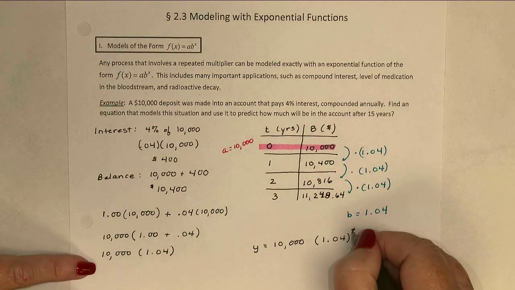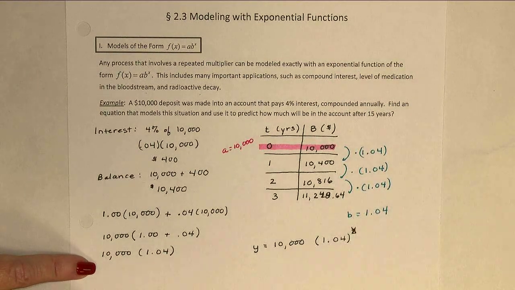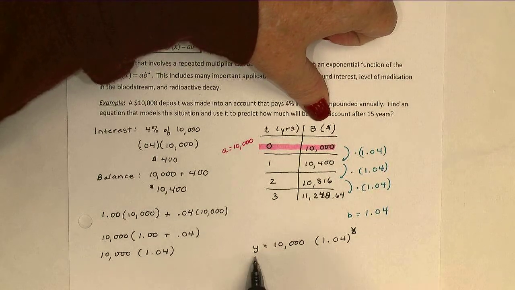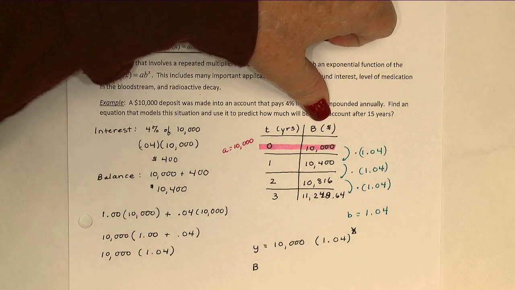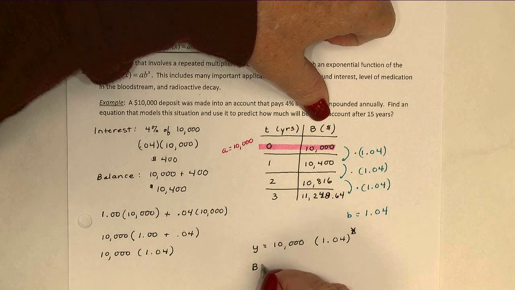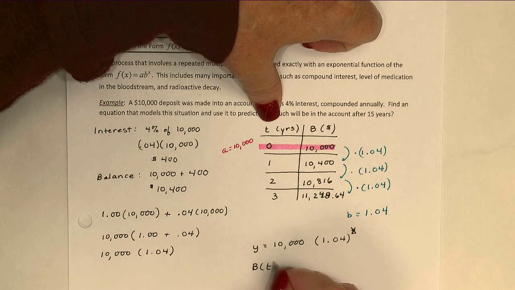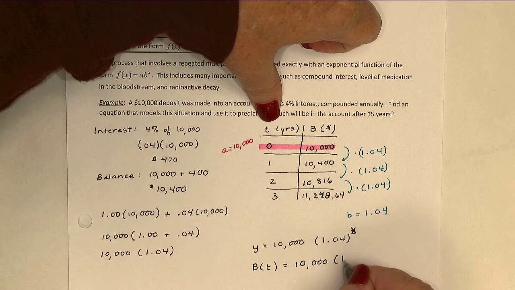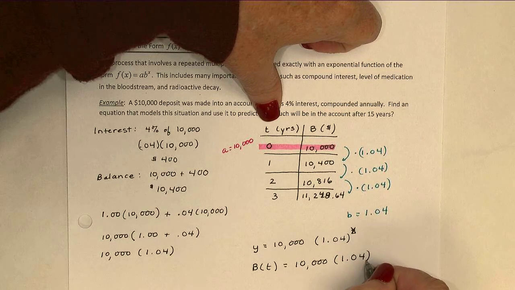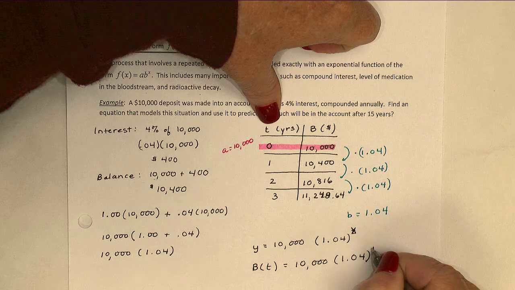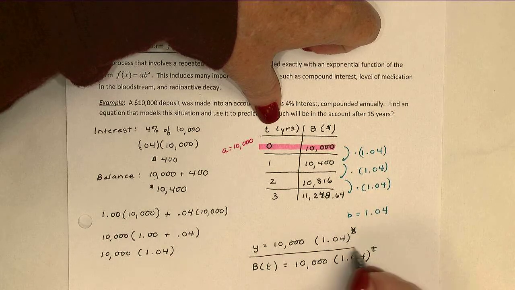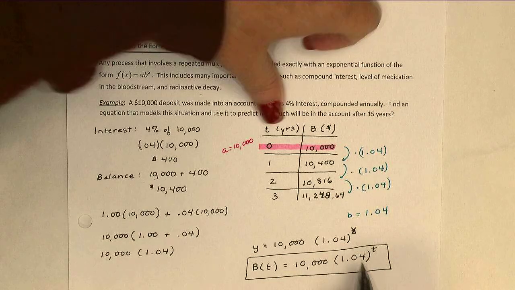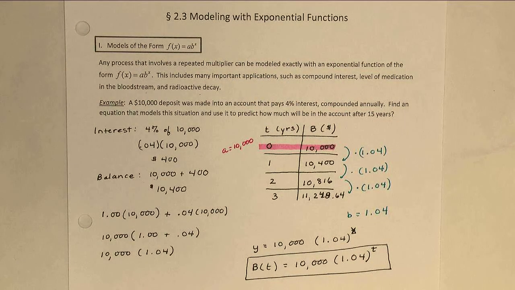My point was going to be that this time, the y value is the balance in the account, so we might want to write b, or even b of t, equals 10,000 times 1.04, and then our x values are actually times t. We've seen this in the past, where with a modeling equation, we usually like to use variables that have meaning in the problem. It helps us a lot later on when we try to plug things in. We know what we're plugging in for.